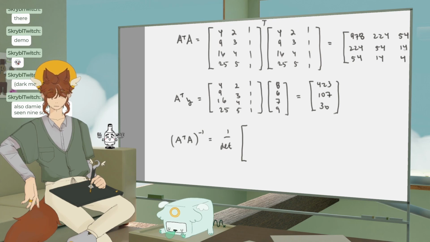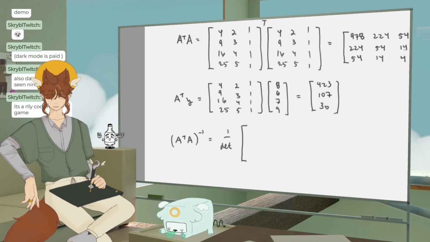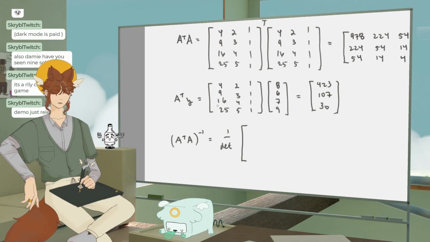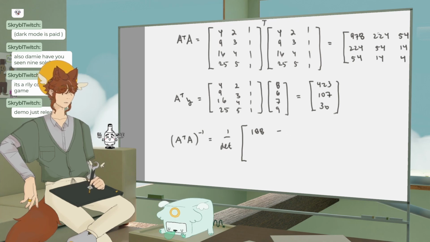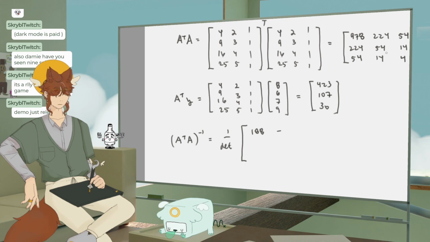54 times 4 minus 14 times 14. 188. Yeah, it's not great, but it's not bad either. Okay, so then for 24, it's going to be minus, and we'll get 224 times 4 minus 54 times 14. 140. And then we get a plus, we get 224 times 14.